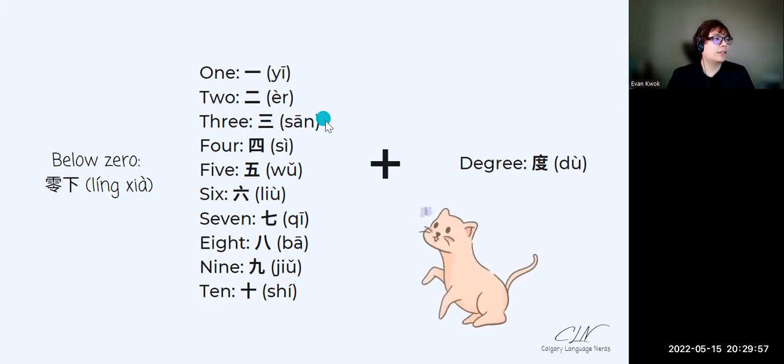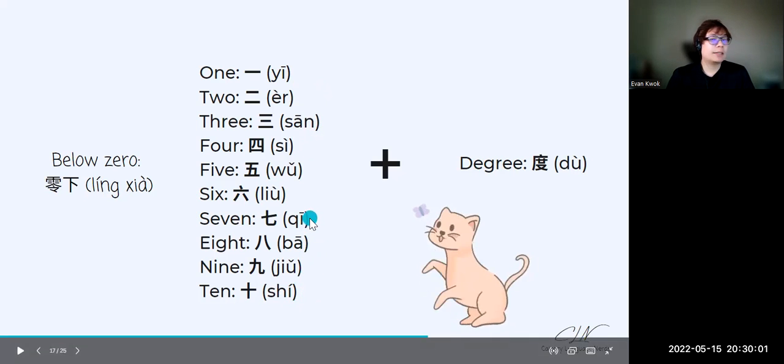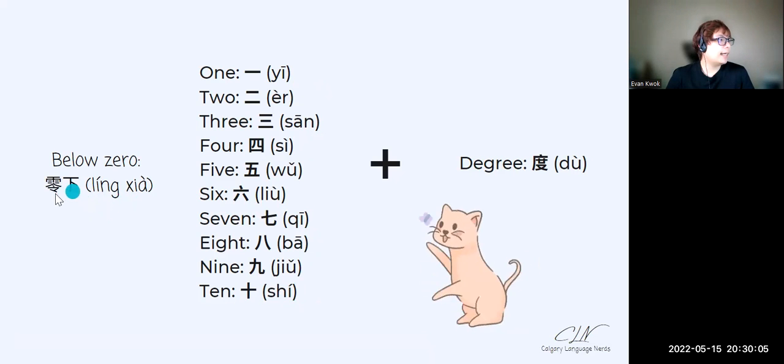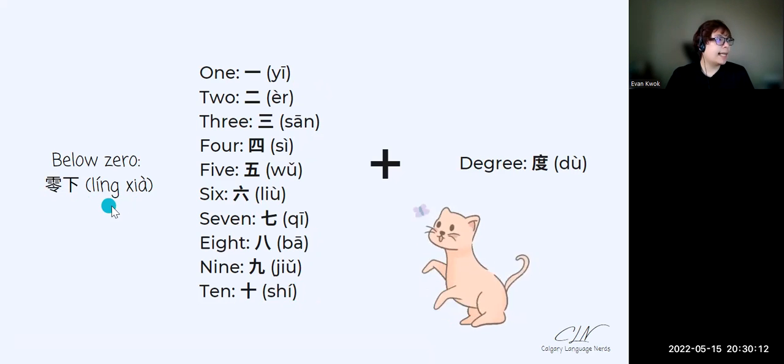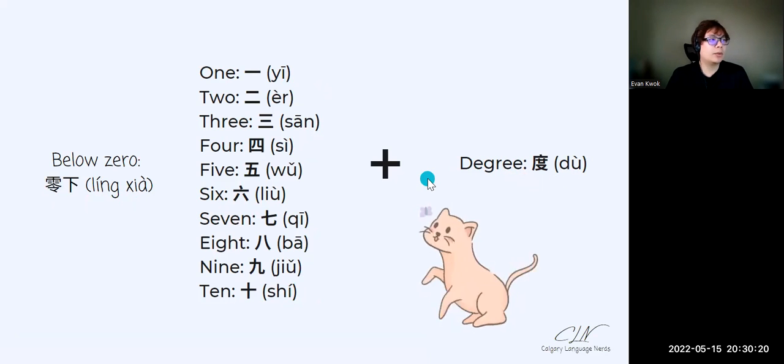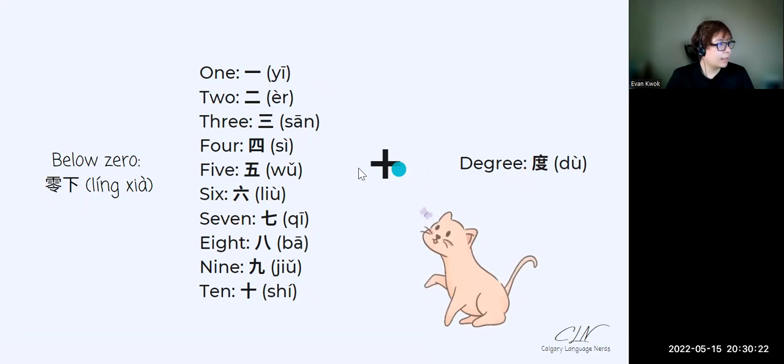And then for 30, it will be 30. If it's below 0, we just need to put 零下. 零 is 0. 下 is downwards or below. So 零下 is below 0. We can just put this in front of the number. And at the end, we just add 度. Then we'll know what degree it is.